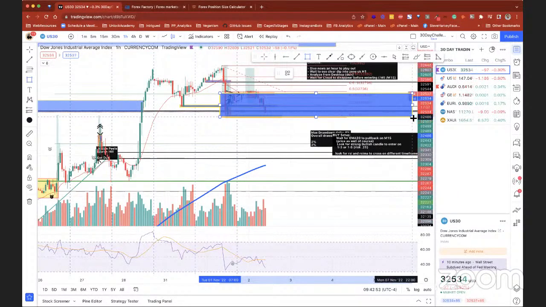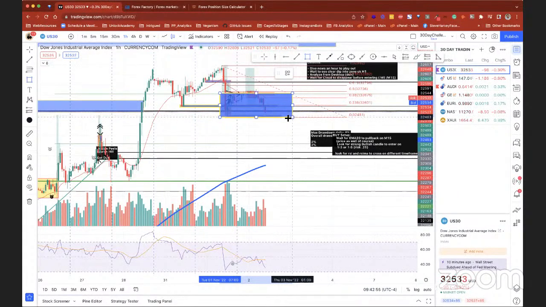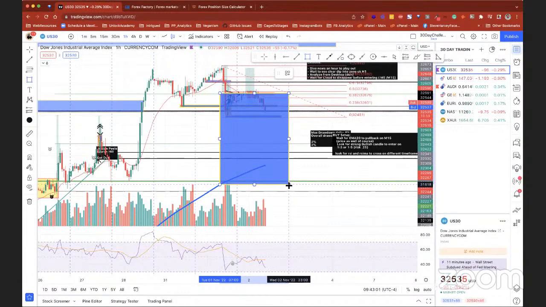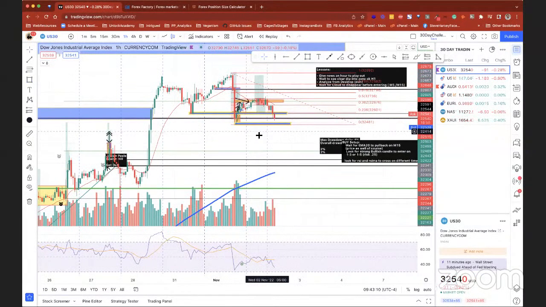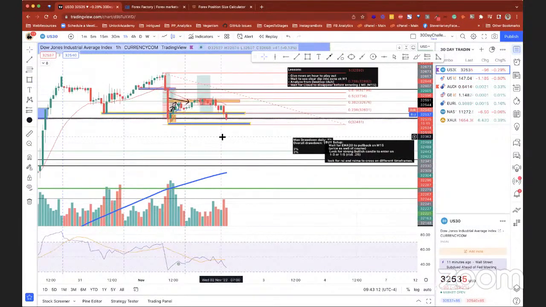Or it can be the start of an M pattern where it ends up dropping down to this point, back down to this low. We can't predict the market, so we have to wait for proof before we jump into anything like that.